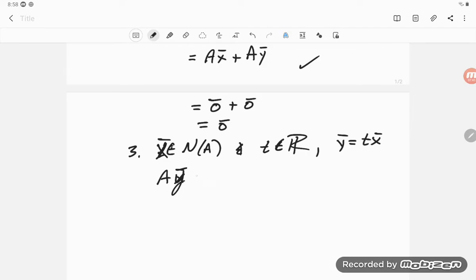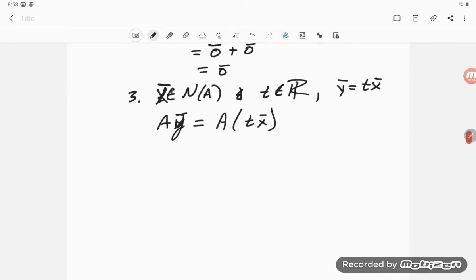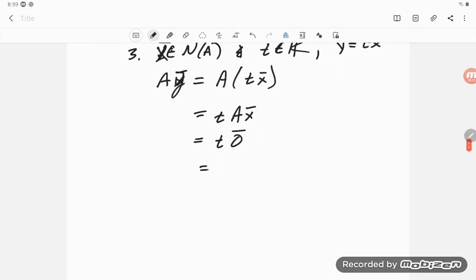AY is equal to A times TX, using my definition of Y. Now I can pull the T out under scalar multiplication, so that's T times AX, but AX is 0, so that's T times the 0 vector, and that's the 0 vector.